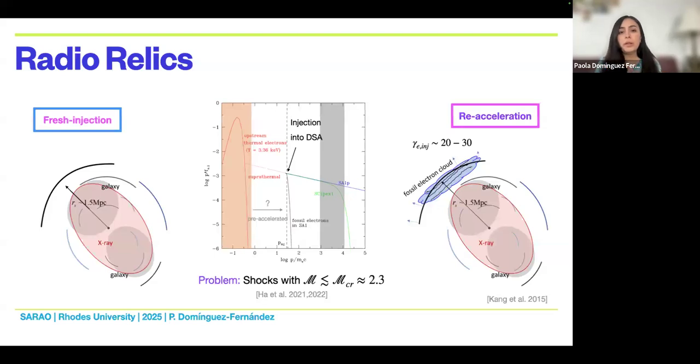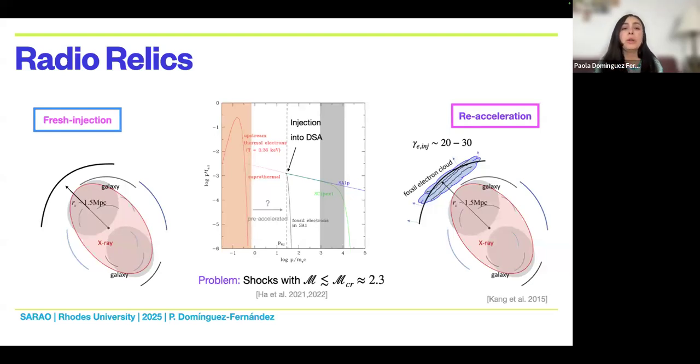In terms of radio relics, here we always talk about the diffusive shock acceleration mechanism, or DSA for short. There are two possibilities: we talk about the fresh injection model or the reacceleration model. In the fresh injection model, we are thinking about a thermal population of electrons, which we know for sure exists in the intracluster medium, right?